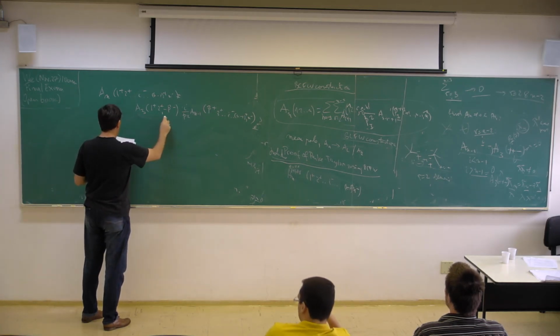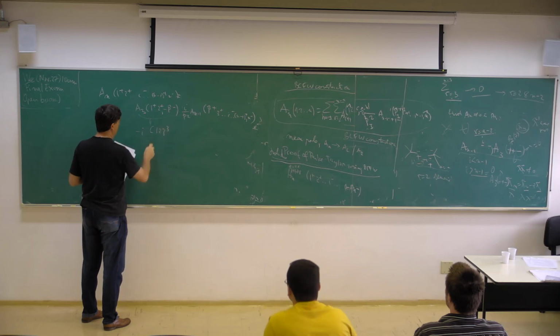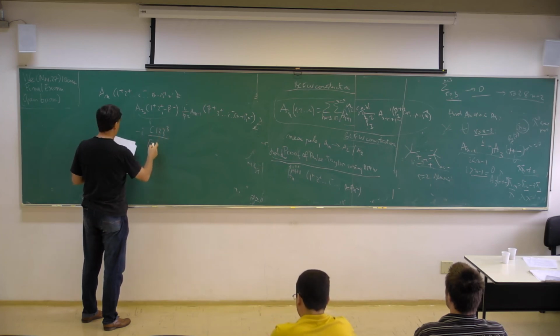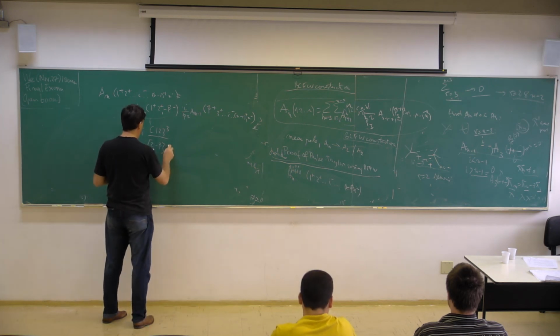And this thing here is minus i times 1, 2 cubed divided by 2 bracket with minus p hat, and then minus p hat bracket with 1.